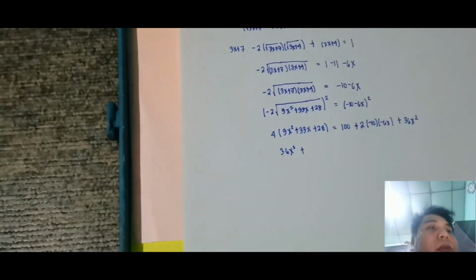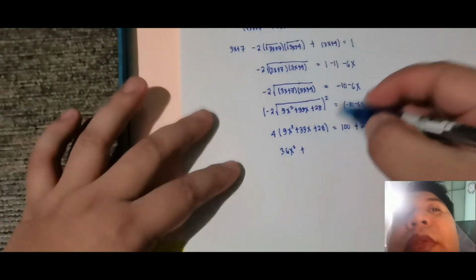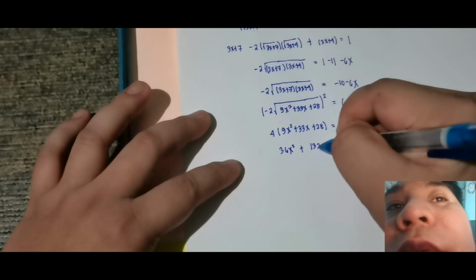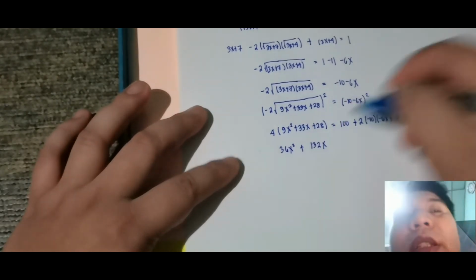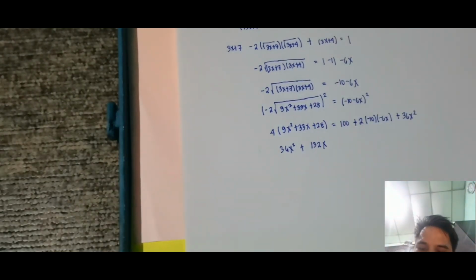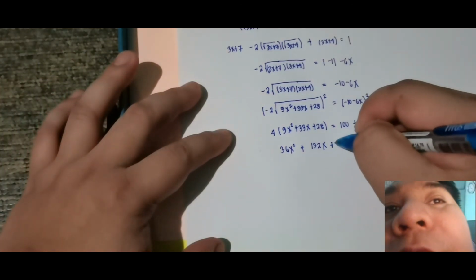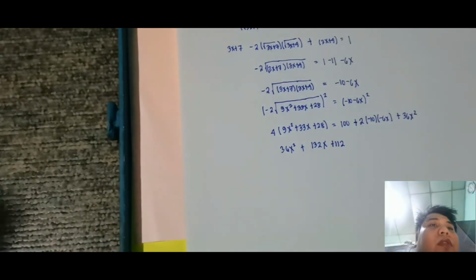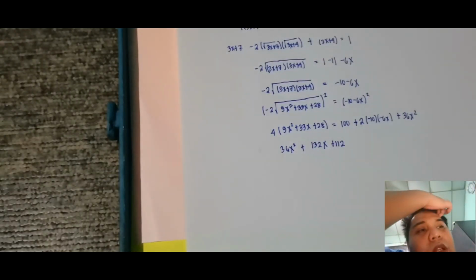So, this is 36x squared plus 33 times 4. So, 4 times 33, 132x. 28 times 4, 112. So, yan, 28 times 4, 112. Baka sabihin din, dugas ko kayo.